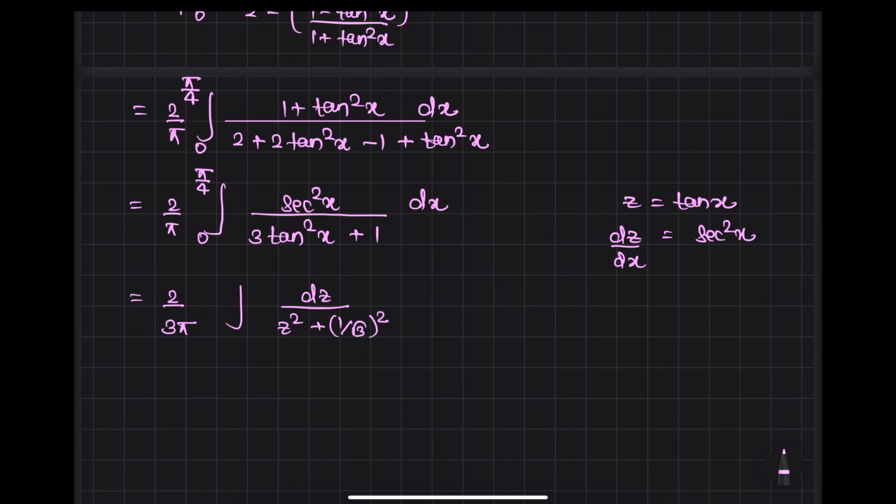Now you know that if you take anything as z, the limit will change. Suppose you are dealing with the lower limit: if x is 0, tan 0 will become 0, so z will become 0. Then you have to apply the upper limit. If you apply the upper limit, tan pi by 4 is 1.